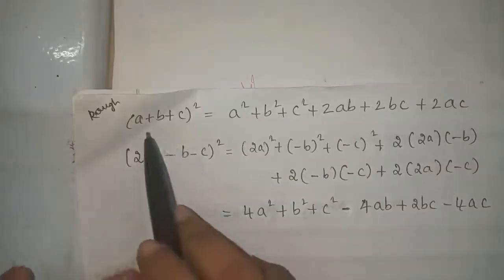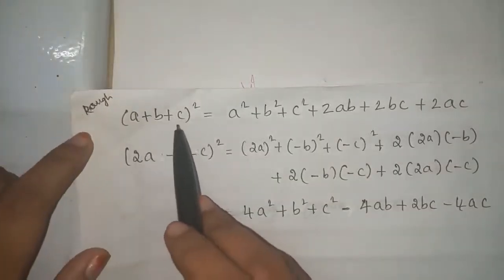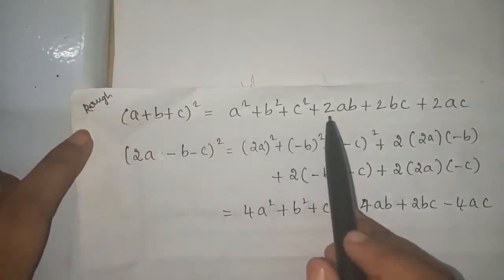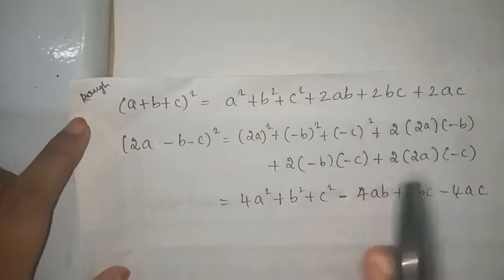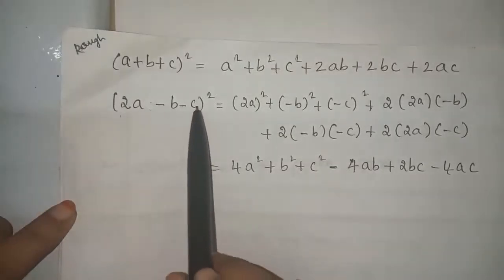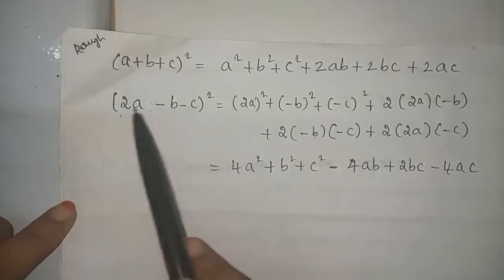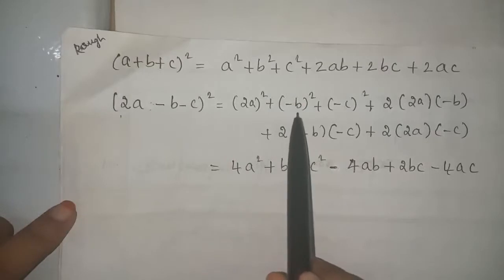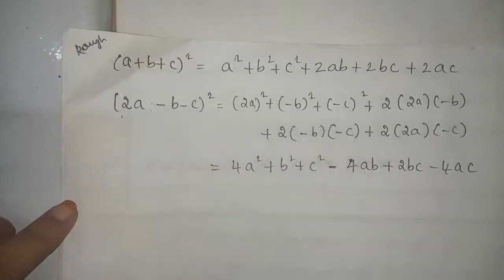This is for your rough use. We know the formula a plus b plus c the whole square is equal to a square plus b square plus c square plus 2ab plus 2bc plus 2ac. Then if you take 2a minus b minus c the whole square, the a value is 2a, the b value is minus b, and the c value is minus c.